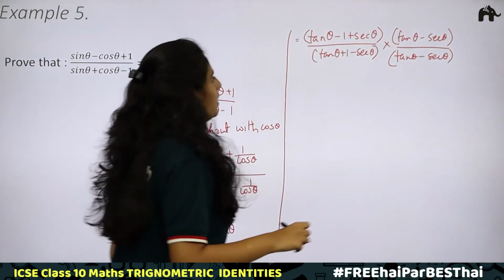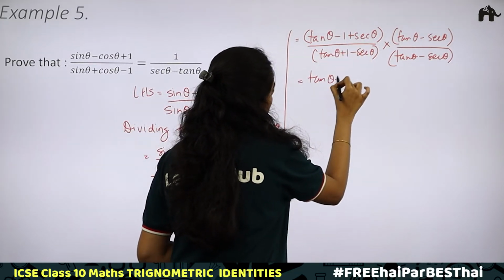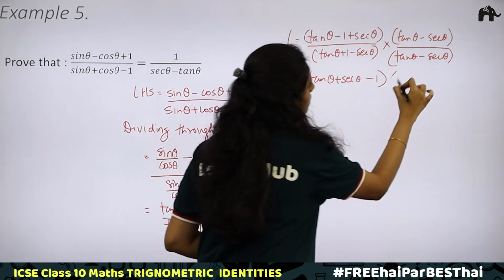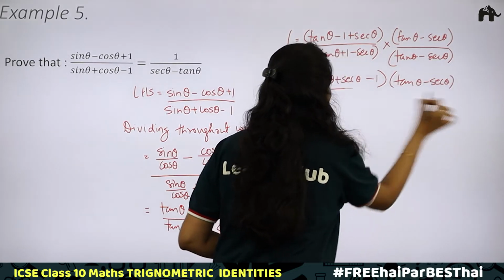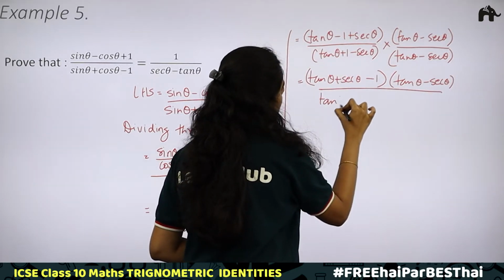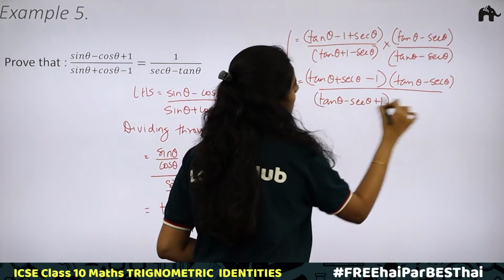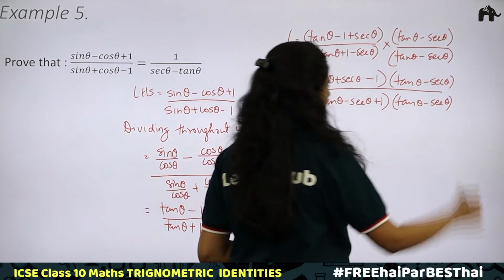Okay. So now this can be written as tan theta plus sec theta minus 1 into tan theta minus sec theta divided by tan theta minus sec theta plus 1 into tan theta minus sec theta.